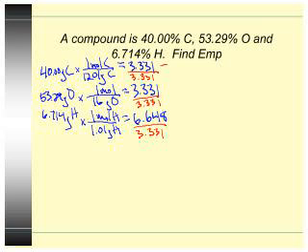The top two are 1, and then 6.648 divided by 3.331 gives 1.995. That's 2. So I don't have to do that next step at all.